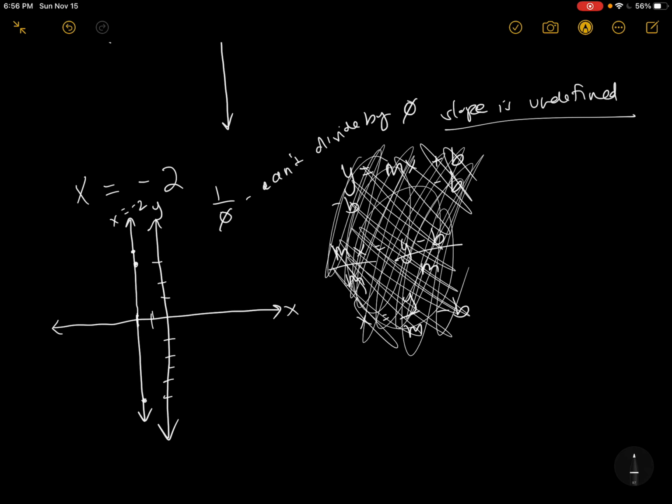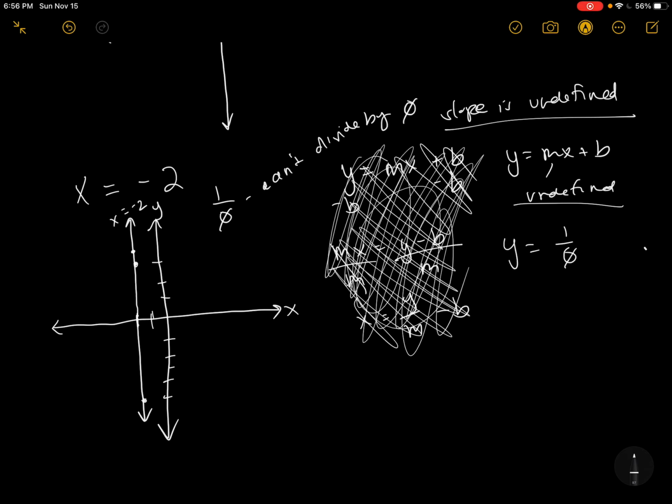Okay, slope is undefined. That's why it doesn't fall into this really nice form here, because this is an undefined slope. You can't really multiply things that are undefined.